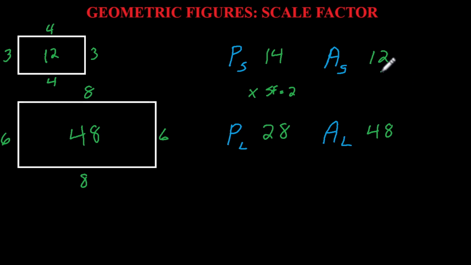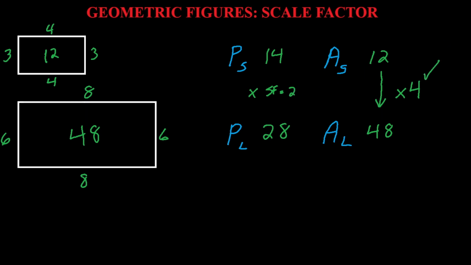Now, to go from the 12 to the 48 was times 4. And the rule here, if you haven't seen the pattern, is that for area, it's the square of the scale factor. So if I know the scale factor is 2 and I square it, it's 4, then this works.